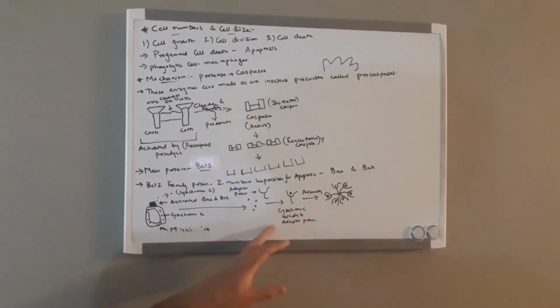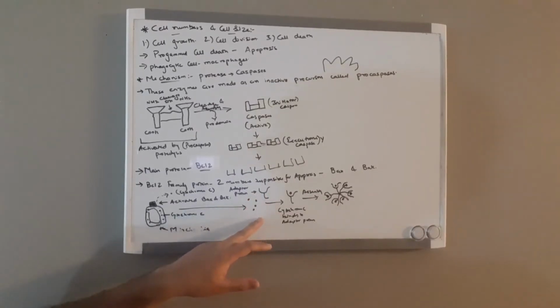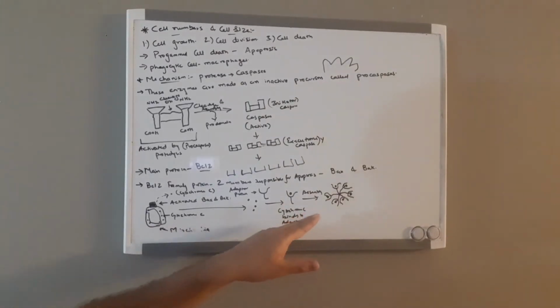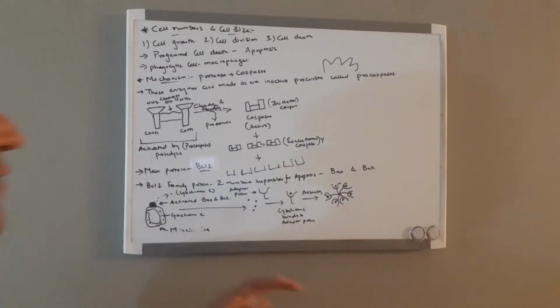So cytochrome C binds to the adapter protein, and when it binds, it assembles into a 7-armed protein complex.